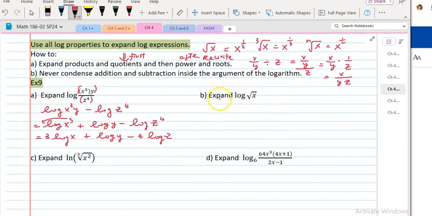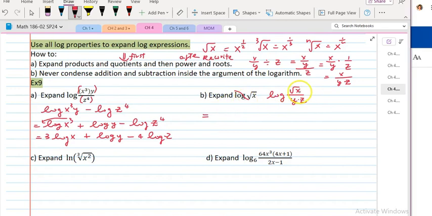Okay, so the second is log of the square root of x. I'm going to change this into log of the square root of x over y times z, to make it more interesting, because I don't have an example where I have 2 things in the denominator. So what should we do?